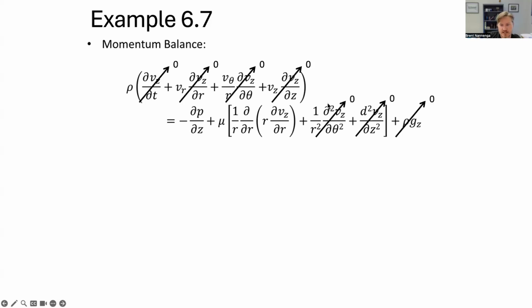And then we're going to cross this term out here, because we said velocity is not a function of theta. And we know dV_z/dz also cancels out. So everything crosses out, and then there's no gravity in the z direction. So all these cancel out, and we're just left with this here, which is just dV_z as a function of radius. So much more manageable than this entire equation.